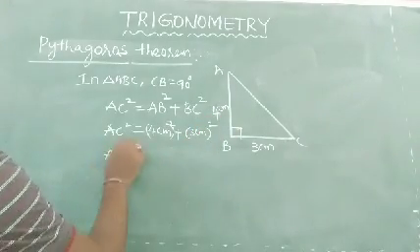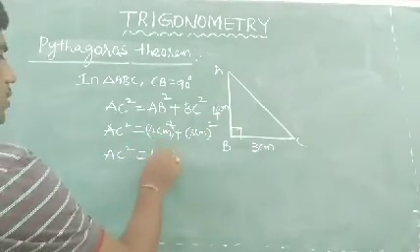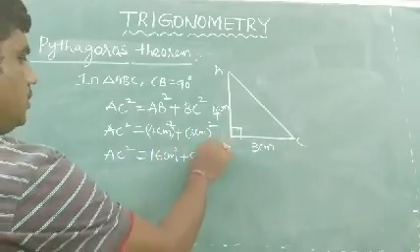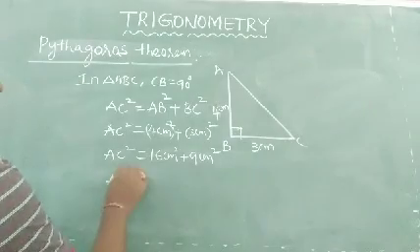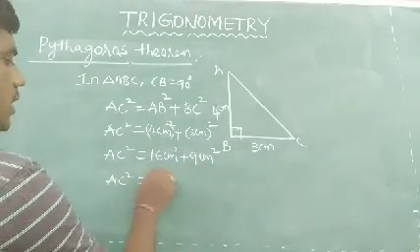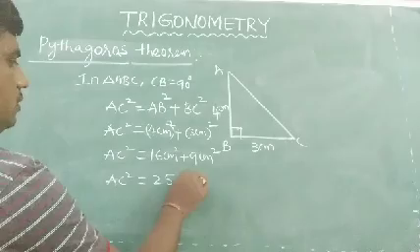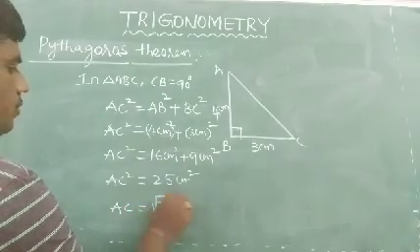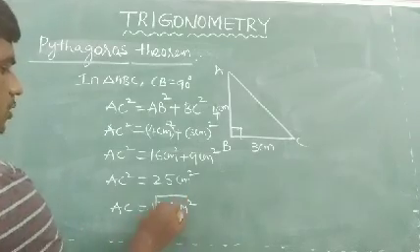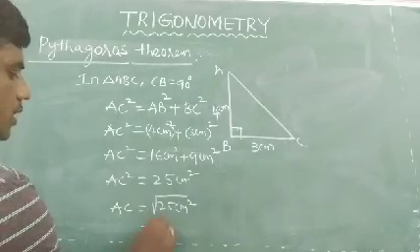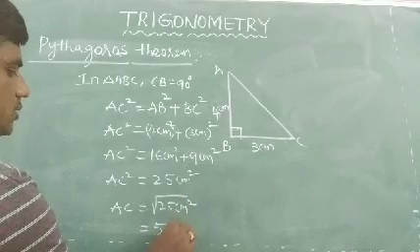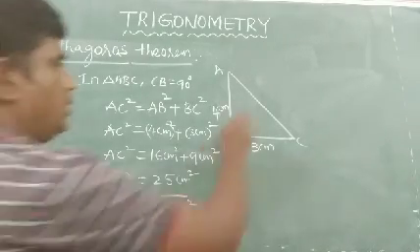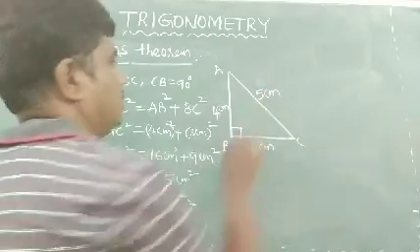Then AC square equals 4 square, 16 centimeters square, plus 3 square, 9 centimeters square. Then AC square equals 16 plus 9, 25 centimeters square. Then AC equals the square root of 25 centimeters square, which is 5 centimeters. Therefore the hypotenuse AC value is 5 centimeters.